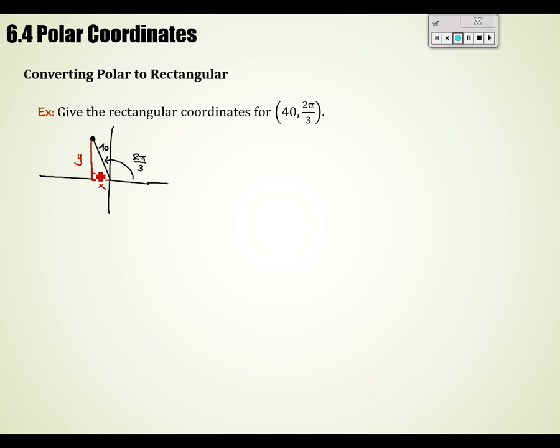Did everyone do it? What'd you get? Yeah, the answer. Rock and roll. What's the answer? What is it? 20? How about negative 20? And 20 root 3? Okay, wonderful.